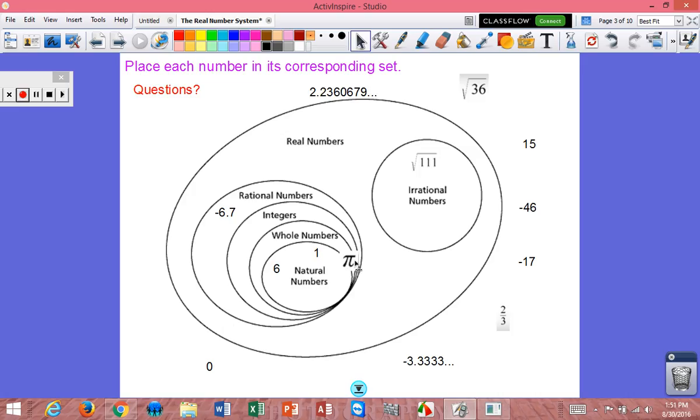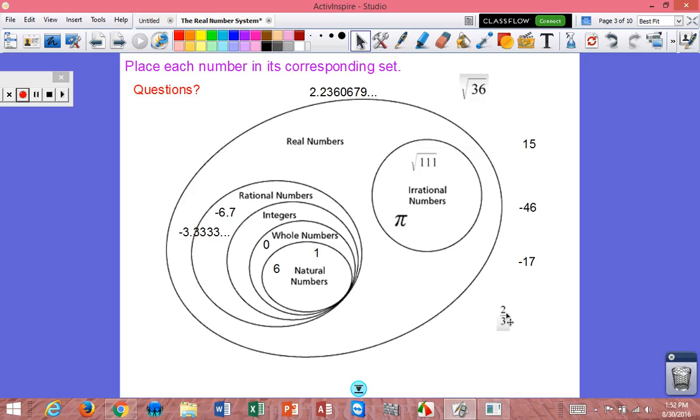It does not have any kind of pattern to it. 0, the most specific subset that would go into is whole numbers. Now we have negative 3.3 repeating. Now, since this is a continuous decimal and the 3 repeats, then that's actually going to be rational because we've got that pattern there of the 3 repeating.